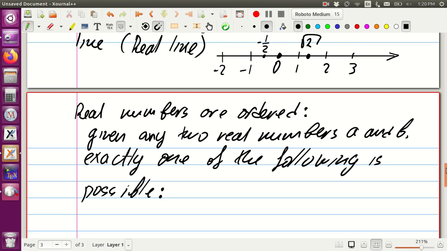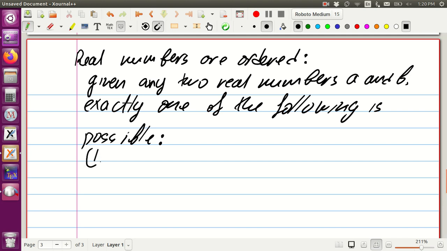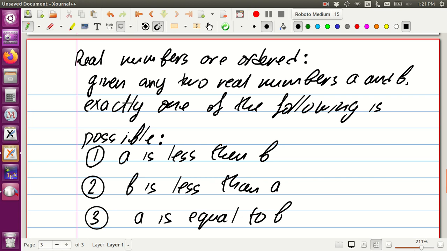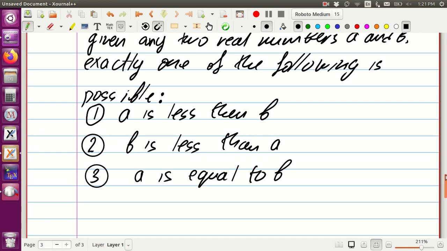So what is possible for two numbers A and B? First thing that is possible is A is less than B. So number A is less than B. Second thing that is possible, B is less than A. And the last situation that is possible is that A is equal to B. So only one of three is possible. A is less than B, B is less than A, or A is the same as B.